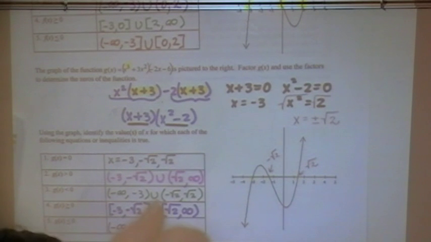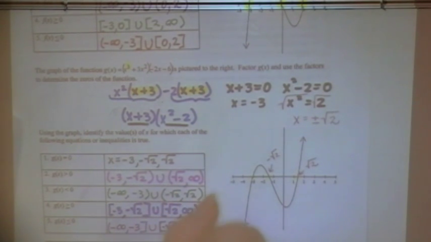So negative infinity to negative 3 is equal at negative 3, so that's a bracket. Bracket, negative square root of 2, square root of 2. Okay, so far so good. This is kind of combining a lot of different things that we've already done.